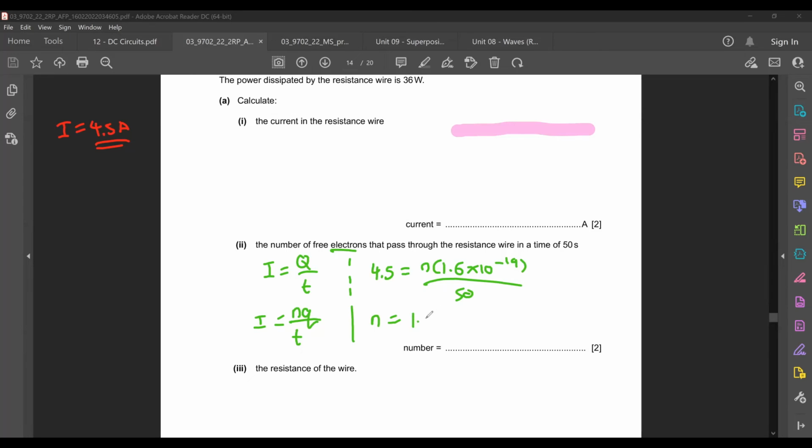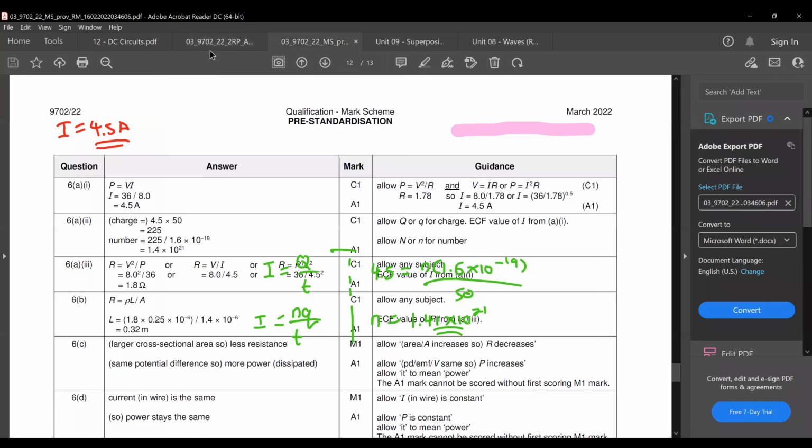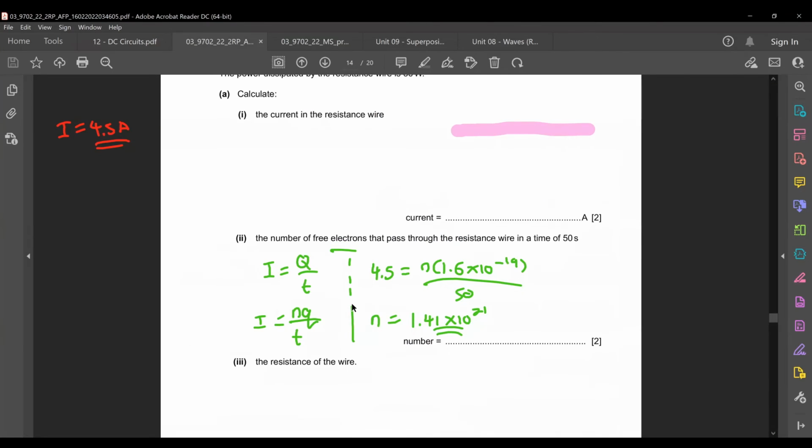You're going to get 1.41 times 10 power 21. Okay, so this is your other answer. 1.41 times 10 power 21. Okay, so that one is okay.